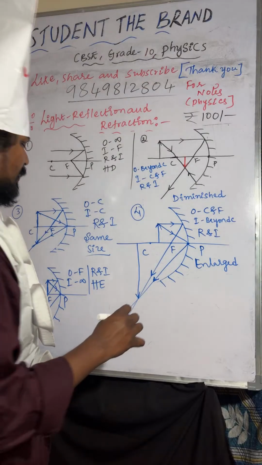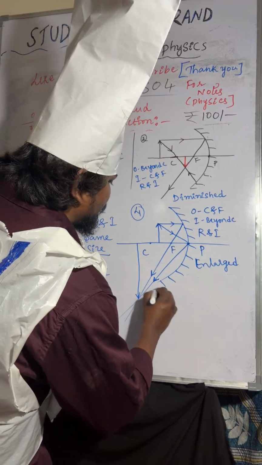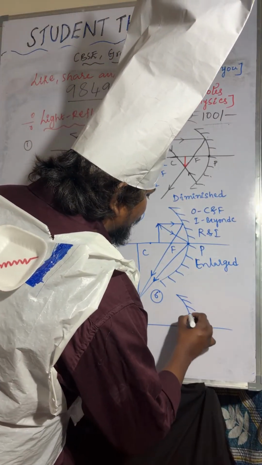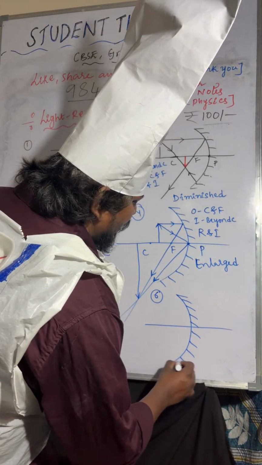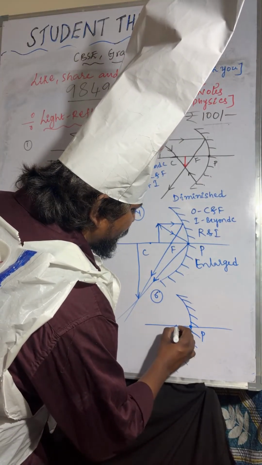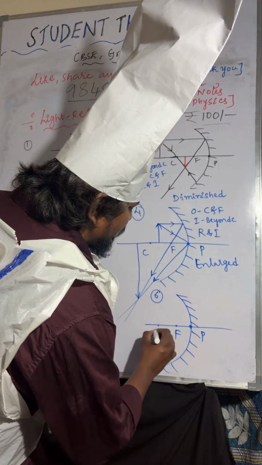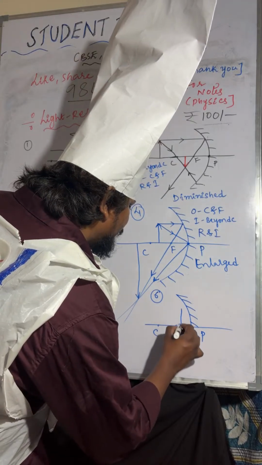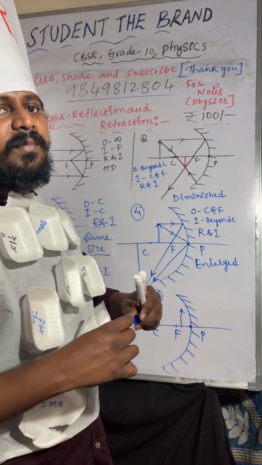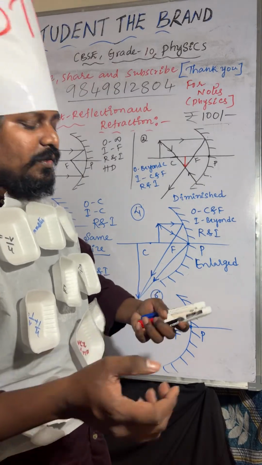Okay, so now coming to the sixth one. You can see P, F, center of curvature. The object is placed between P and F. How many light rays are required to form the image of the object? Minimum 2 light rays are required.